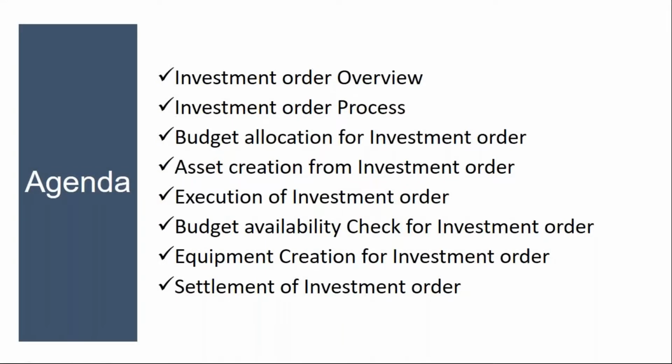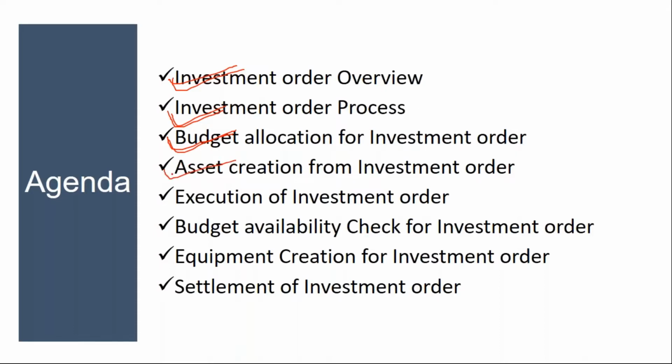Okay, so we'll be starting our next topic, that is investment order. The topics that we are going to cover: we will understand what is investment order, why the investment order is created, the investment order process. Then how the budget allocation is done for the investment order. The finance team will allocate the budget.